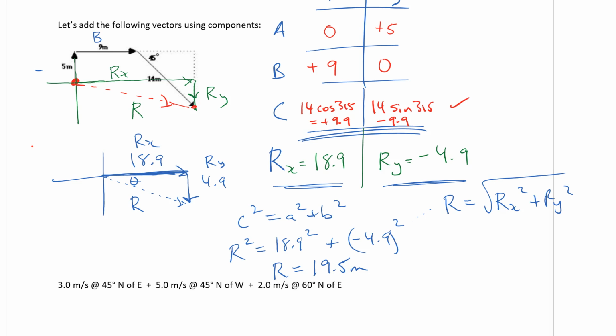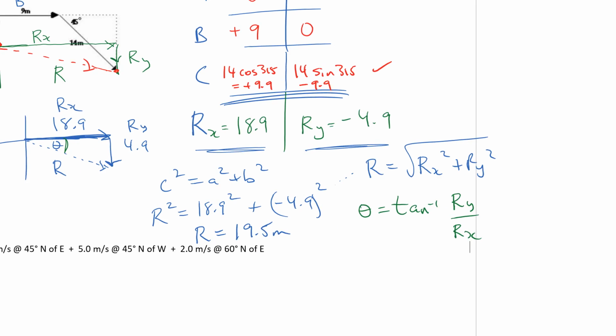And what about the direction? Okay, so here I will say that theta is going to be equal to the inverse tan of, now the opposite side is always going to be the y component, and the adjacent side will be the x component. Something important here is that even though this is downwards and I got a negative here, I am going to put in just positive values to begin with.